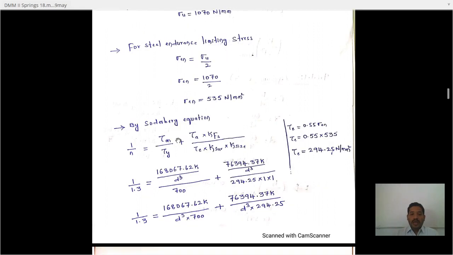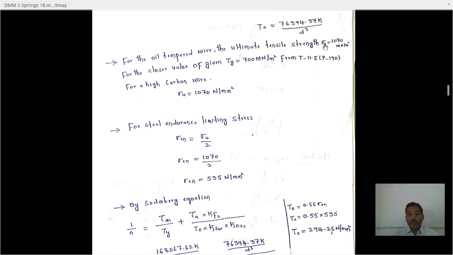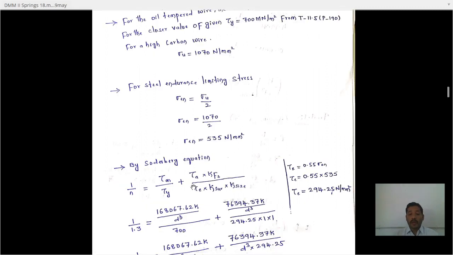Okay, after getting the value of endurance stress, you need to substitute this value of sigma u and tau y as well as sigma en in the Soderberg equation.